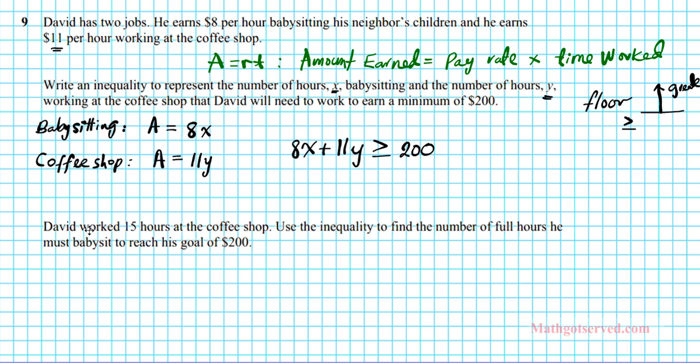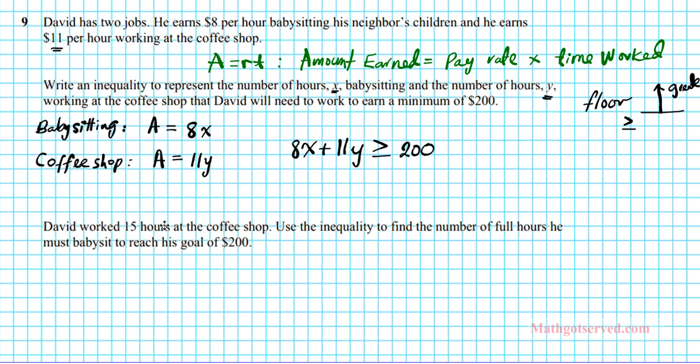The next question says, David worked 15 hours at the coffee shop. Use this inequality to find the number of full hours he must babysit to reach his goal of $200. If David worked 15 hours at a coffee shop, that means the amount of hours in the coffee shop is equal to 15.